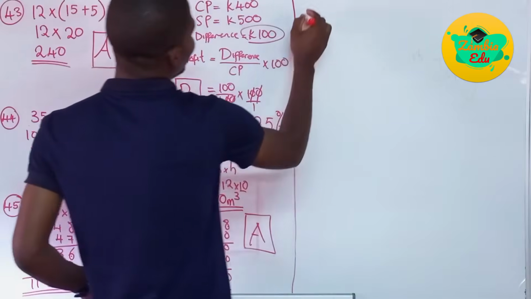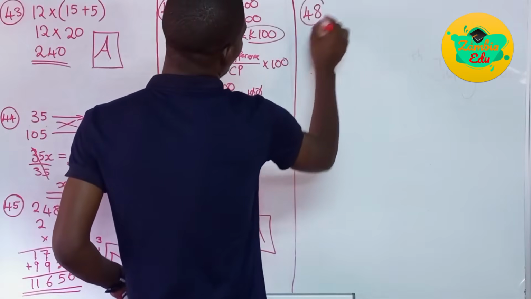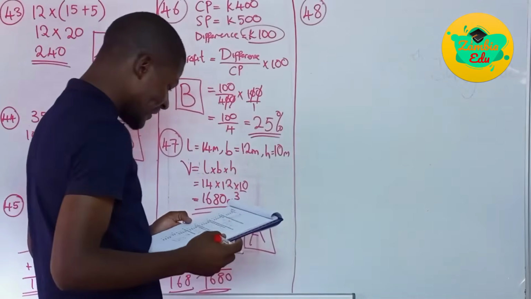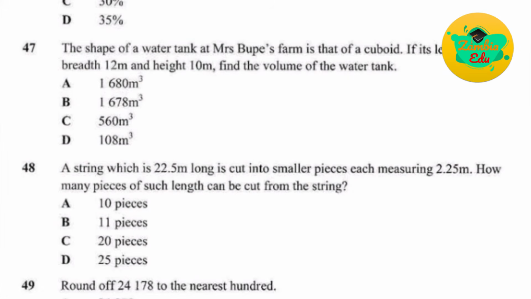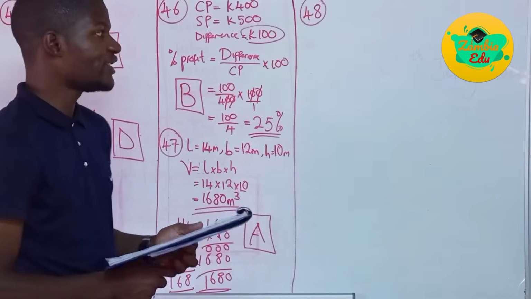We go to 48. Question 48 says, a string which is 22.5 meters long is cut into smaller pieces, each measuring 2.25 meters. How many pieces of such length can be cut from the same string?